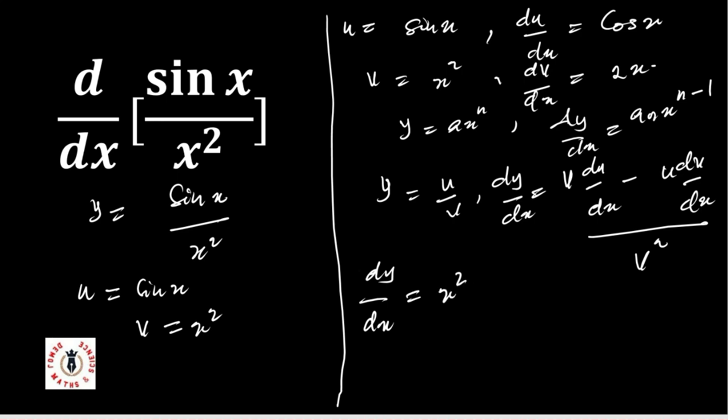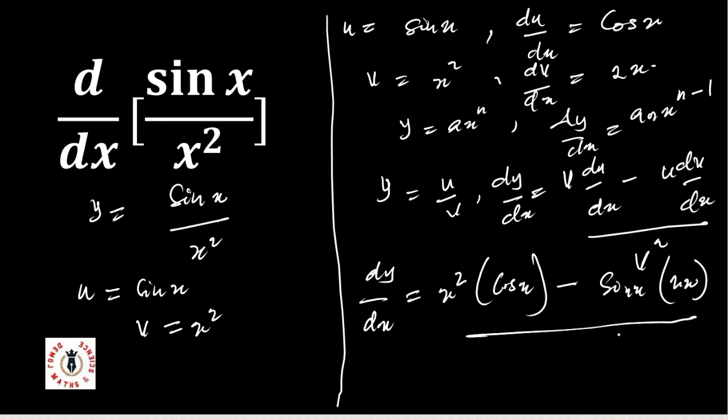That will be x squared into du dx. My du dx here is cos x, minus u, that's sine x, into dv dx. My dv dx is 2x, over v squared. V squared is x squared all squared.